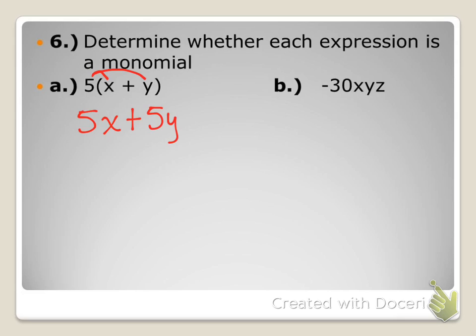Can I combine those? No, why not? Not like terms. We've got different variables there. So if this is what we're left with, is this a monomial? No. How many terms does this have? 2 terms. It's a binomial.